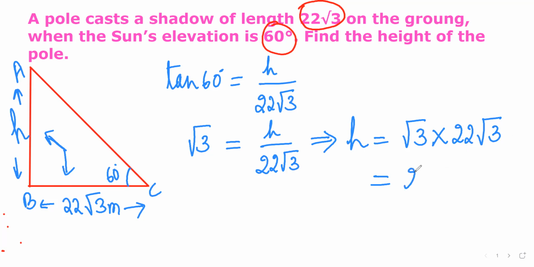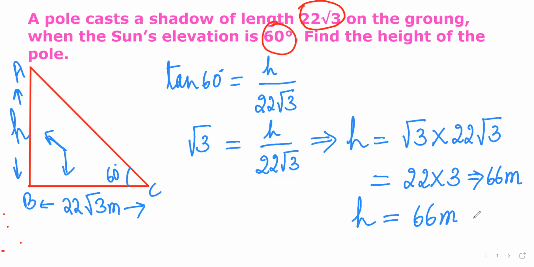So I can write it as 22 into 3, that is 66 meters. Then the height h equals 66 meters. So this is the answer for this question.